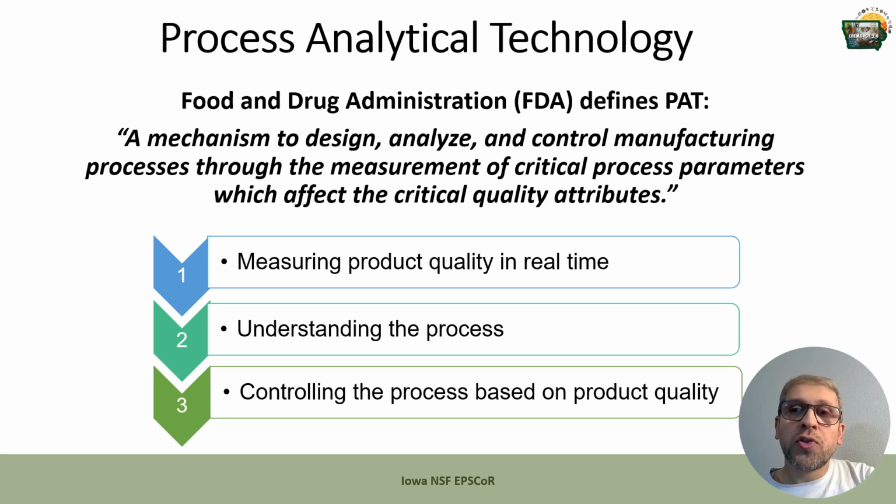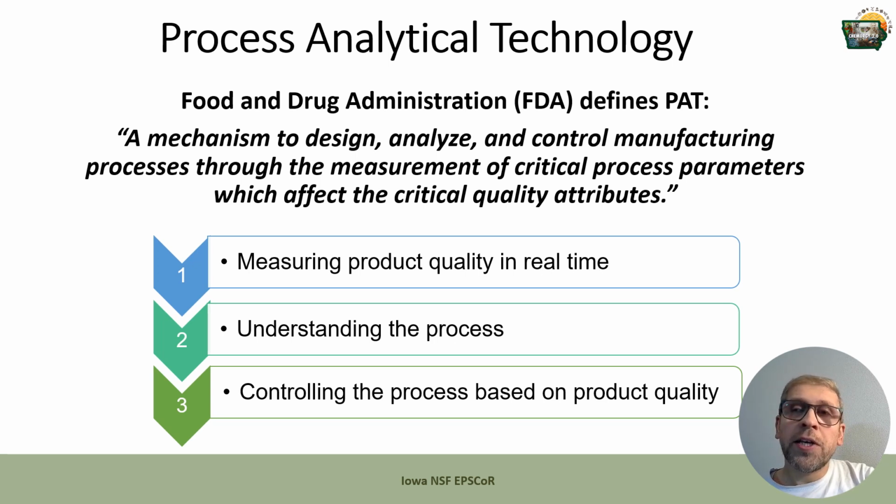First, we should try to find some parameters related to our product quality and measure them. After that, we should try to understand our process thoroughly and find some parameters that connect our process to our product quality.